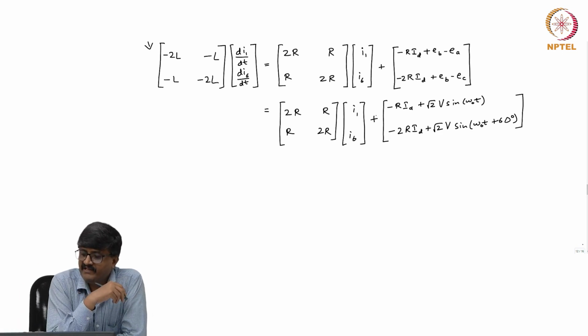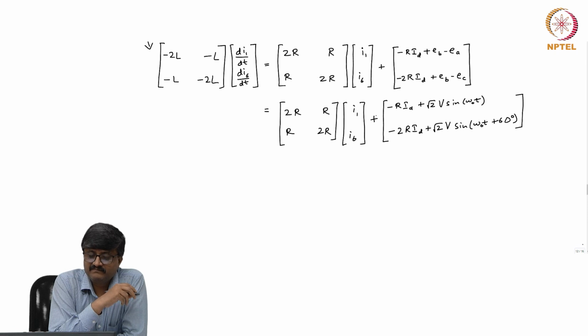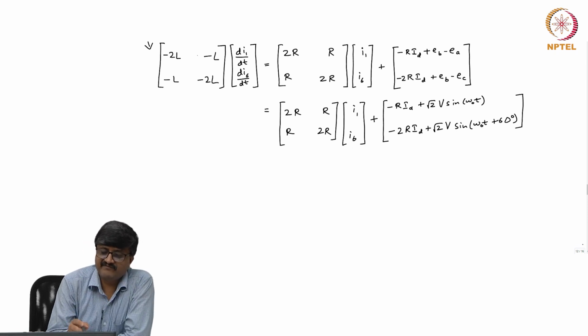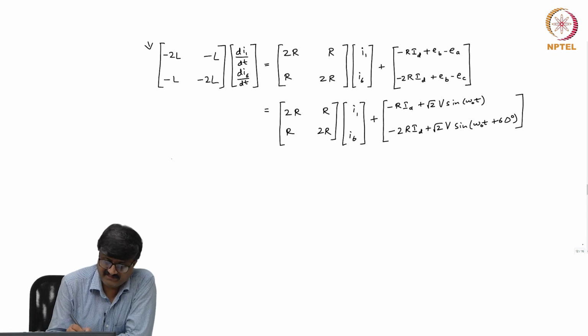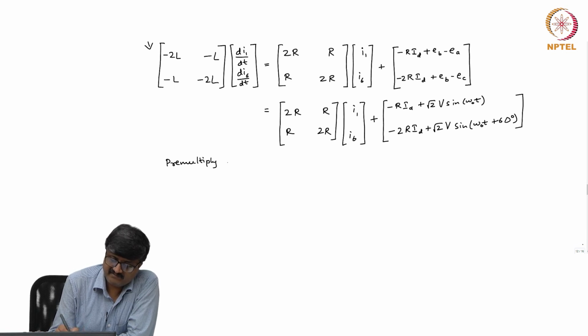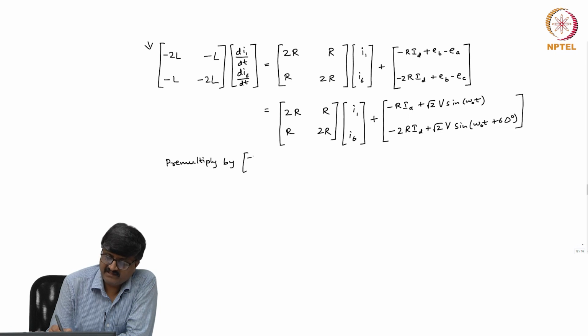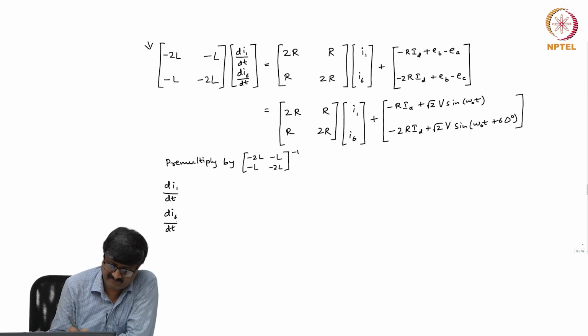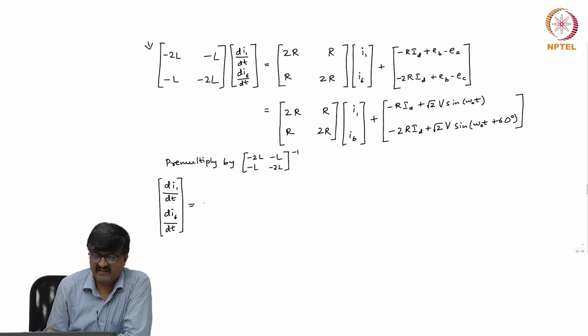I have to pre-multiply both sides of the equation by the inverse of the square matrix appearing on the left hand side, that is, pre-multiply by the inverse of the matrix minus 2L, minus L, minus L, minus 2L. So I get dI1/dt, dI6/dt on the left hand side, which is the standard form.